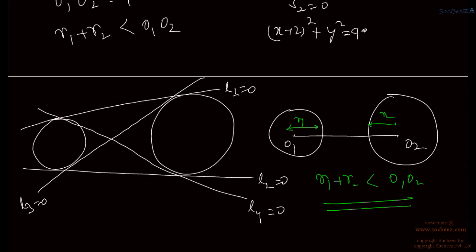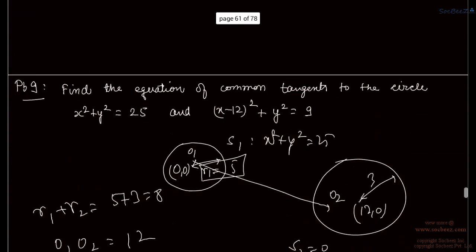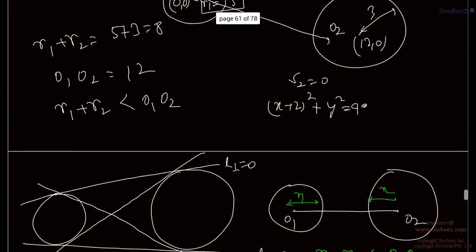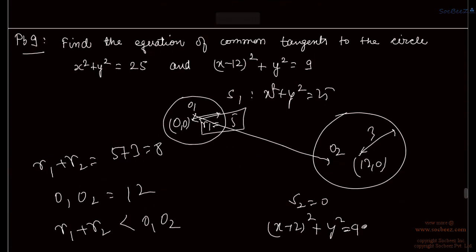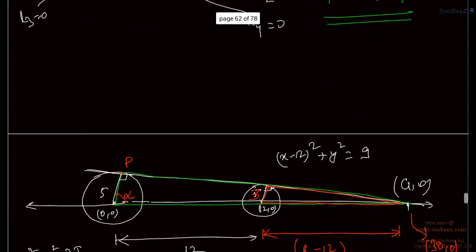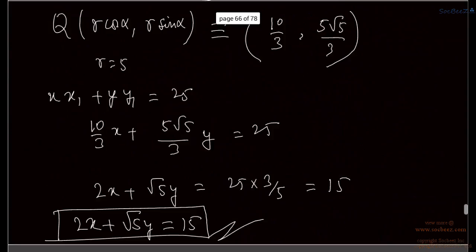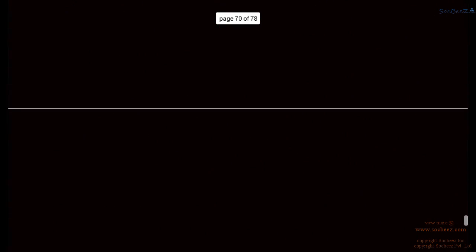For positive value we are getting L1 and L3, so we have already found the equation of L1 and equation of L3, and for negative value of sin alpha we will be getting the equation of L2 and L4. Okay, so in this way we can find all the four tangents. So I hope you understand how to find the common tangents to a circle.